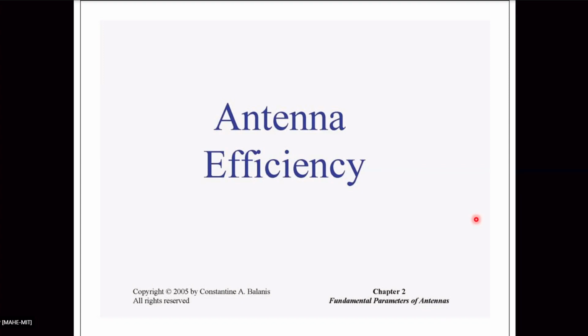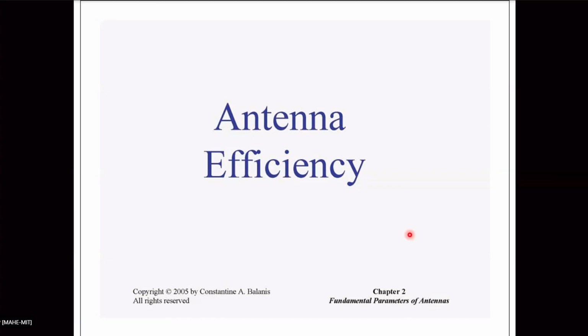For the given normalized radiation intensity, find one, the exact directivity, and two, the half power beam width, HPBW, in the elevation and azimuthal planes.